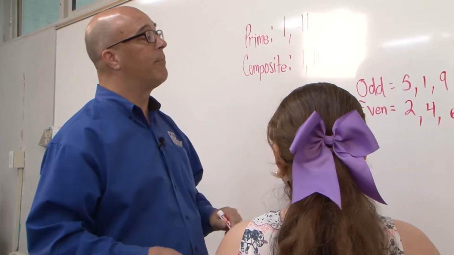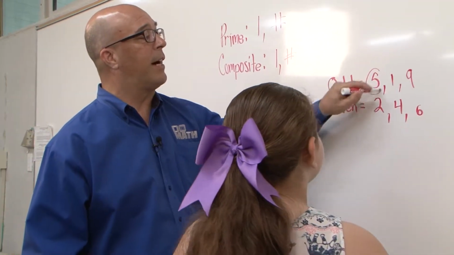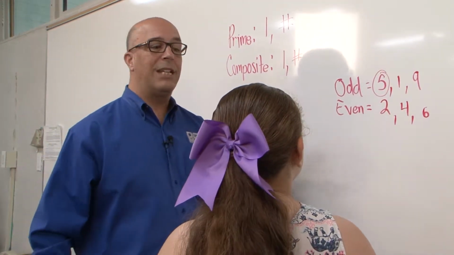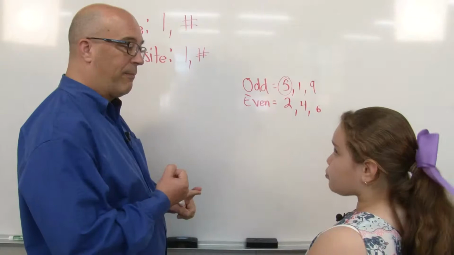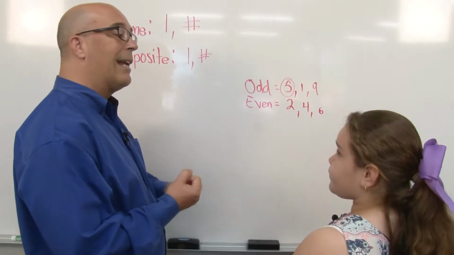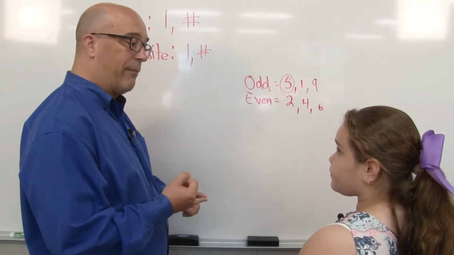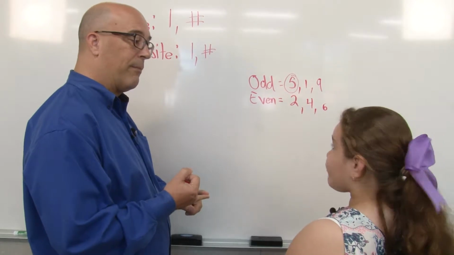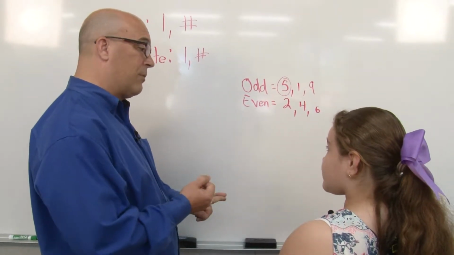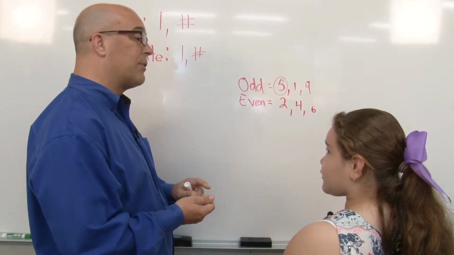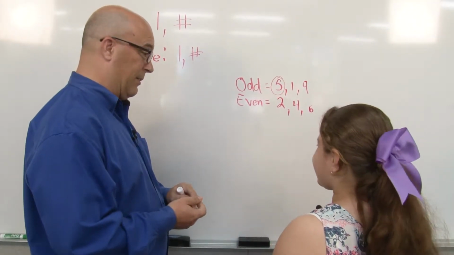Okay. So let's take a look at this first number you had, 5. What numbers can evenly go into 5? Can 1 go into 5? Yes. Okay. Can any other number go into 5? What number? 2? Can it go in evenly? Like 2 times 2 is 4, 2 times 3 is 6.